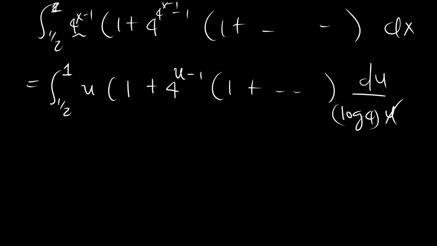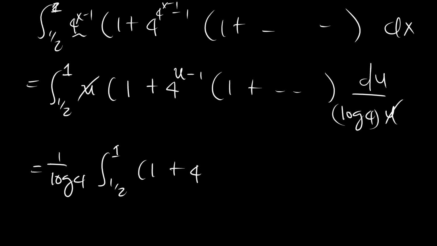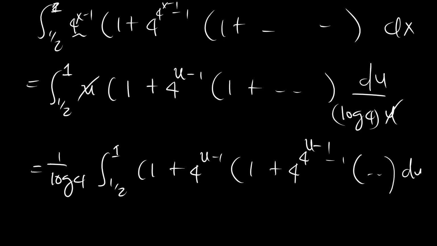See, this and that cancel, so we pull out 1 over log 4, and we have 1 plus 4 to the u minus 1 plus 4 to the u minus 1, minus 1. And we realize one thing.